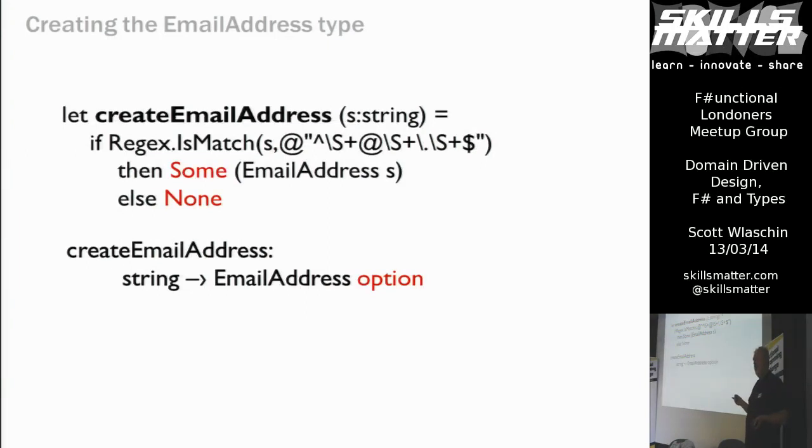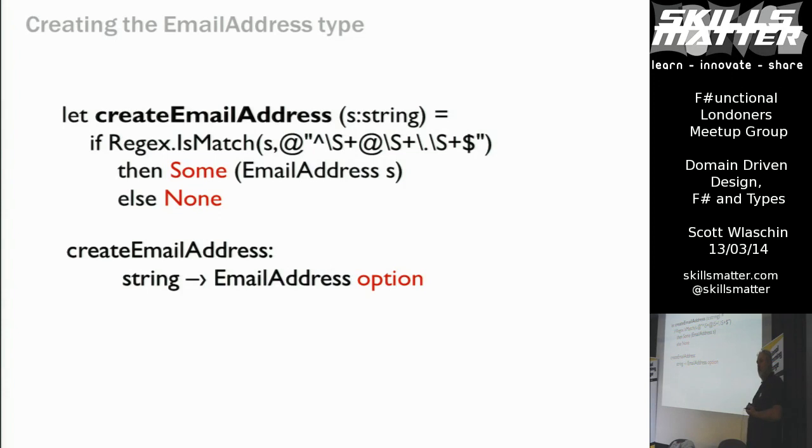What's great about this approach is that the client who calls this code has to deal with both cases. I can't just put my fingers in my ears and pretend that everything's fine, or have an exception that I ignore. I have to deal with the fact that it might not be an email address, which is good, because that's exactly the cause of a lot of bugs: you forget to validate things. Once I've got an email address, I don't have to validate it anymore. I only have to validate it once.